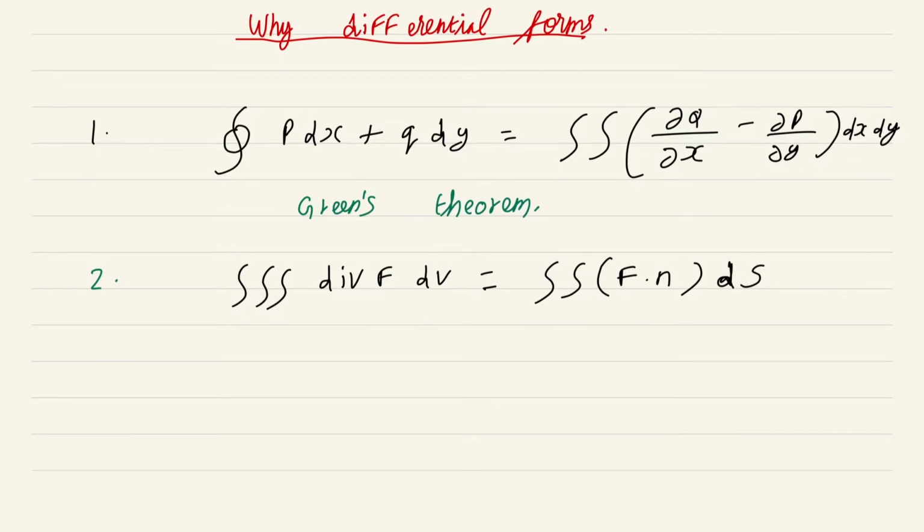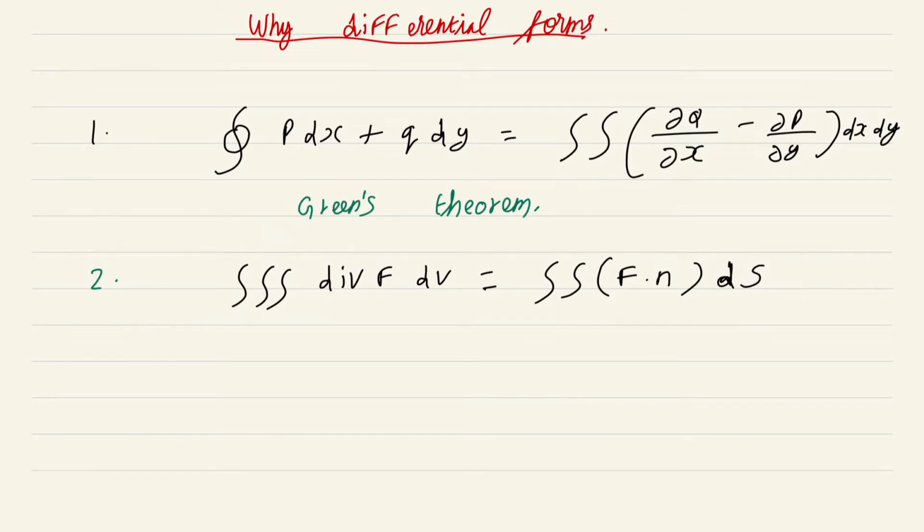So this is a surface integral. The left hand side is a volume integral, the right hand side is a surface integral, and the surface you're integrating over is nothing but the boundary of the region on which you're taking a triple integral.